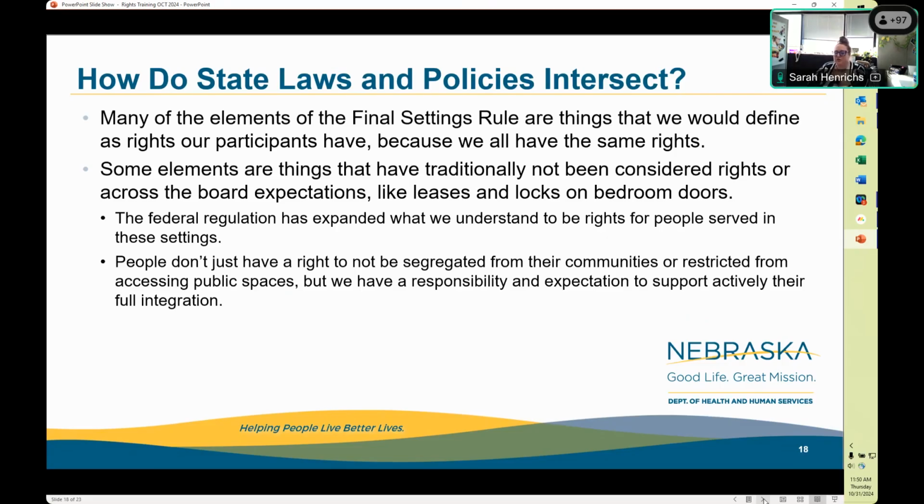And so those are things that are not typically considered a right that we expect to see in every single situation. But by federal regulation, they have laid out that these are rights that people have that must be observed when they are in HCBS services and when they are served in a provider controlled setting.